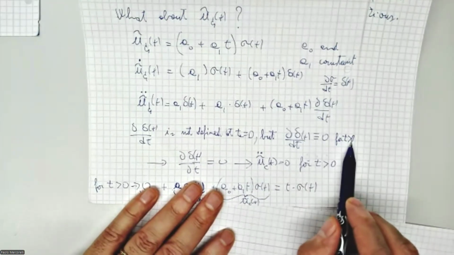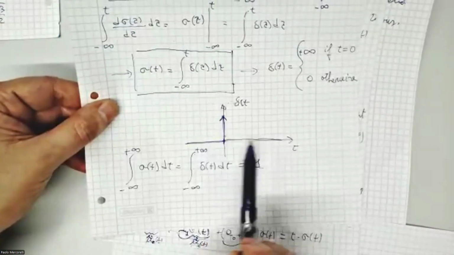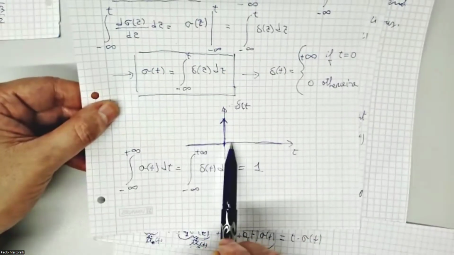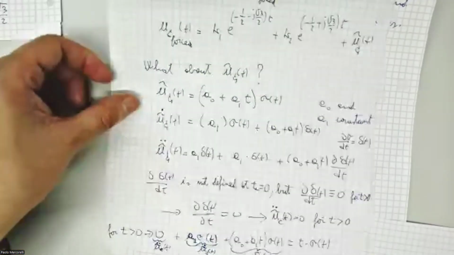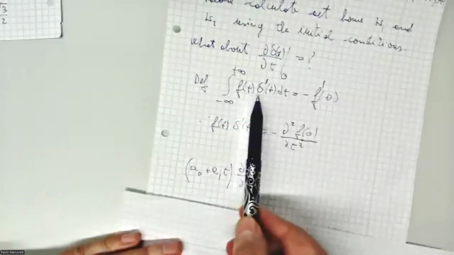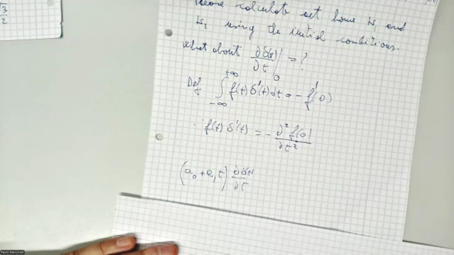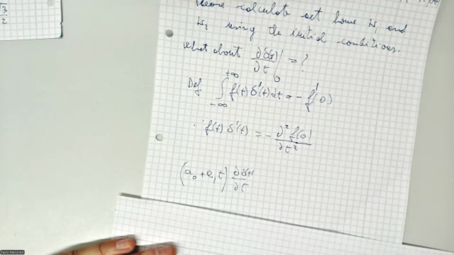I will come back again on this topic, which is extremely difficult to understand. But with this possible definition of the delta derivative, which is not a function, please pay attention, it is a distribution. I will come back to it a little bit, but not much, because this is a more mathematical aspect.